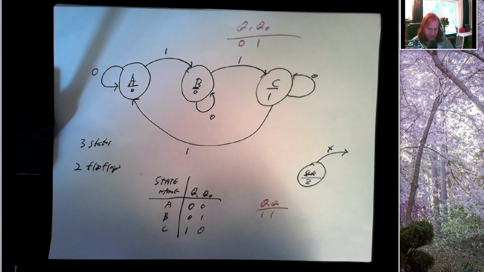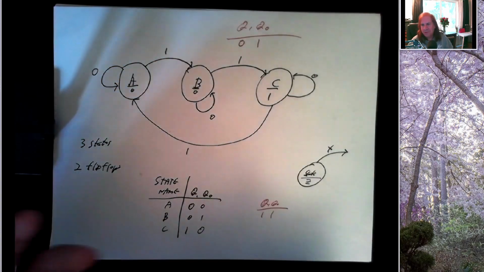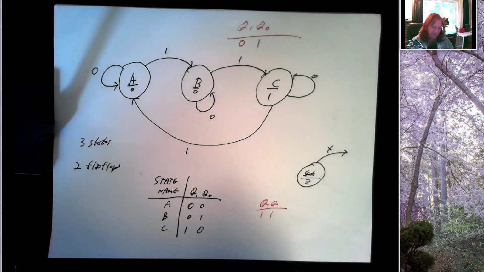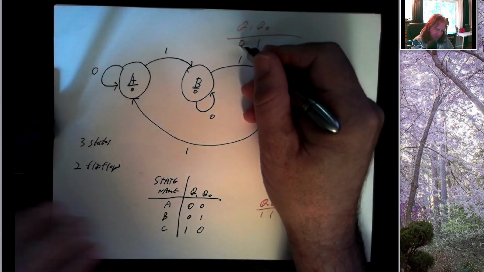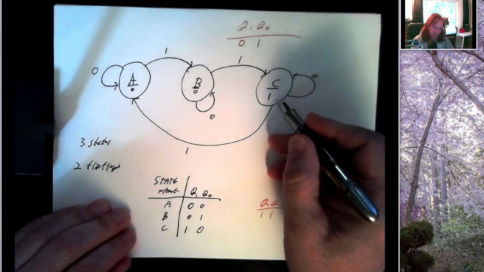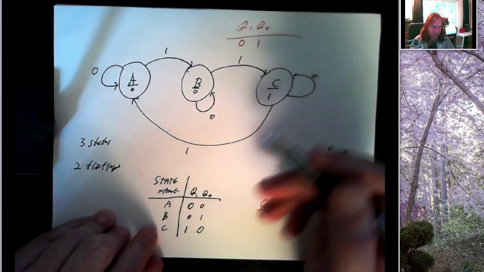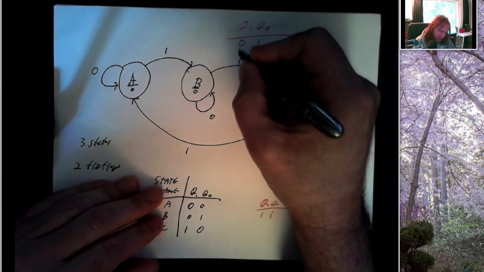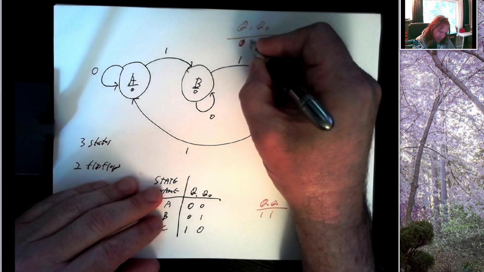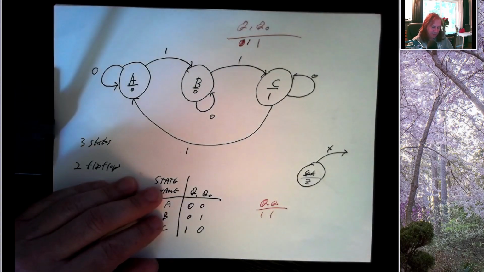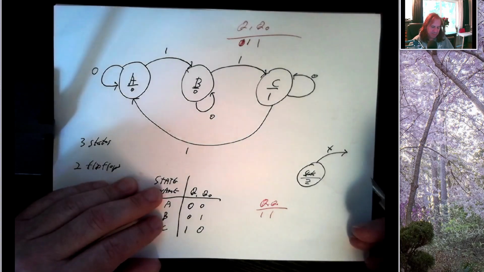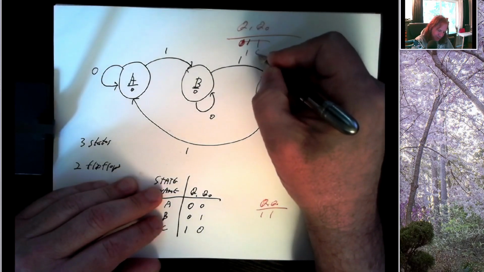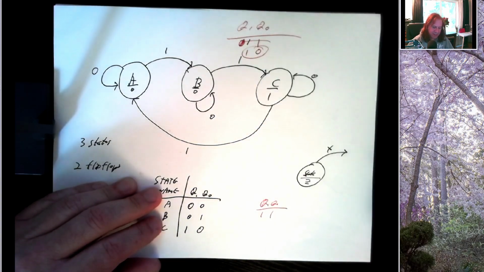Well, we know that there are delays in how circuits respond, and eventually this is going to become a 1 and this is going to become a 0, and we're going to be in state C. But before we get to that final situation, there could be a moment where Q1 has changed to a 1, and we are temporarily in this state 1, 1, and then sometime after that, Q0 changes to a 0, and we're in this correct state C.